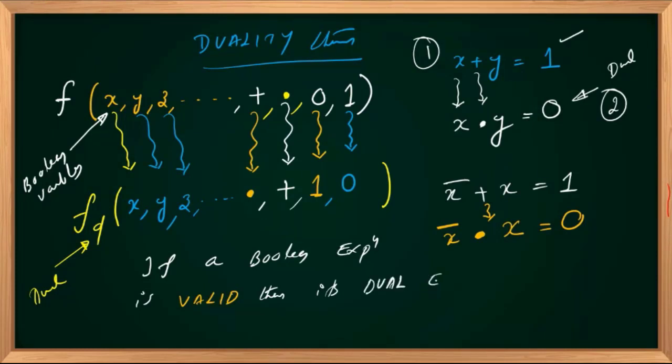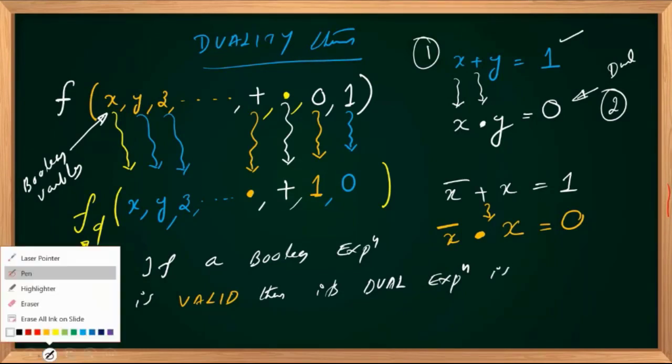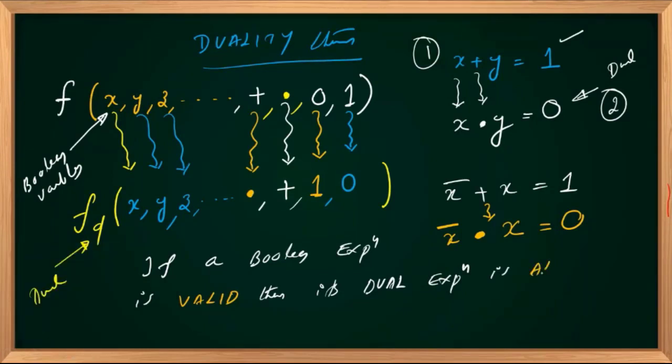That is, if a given expression is valid, then its dual form also will be valid. Is that clear? Duality principle: how to take a dual expression of a given expression, and the statement, if a Boolean expression is valid, then its dual expression is also valid.